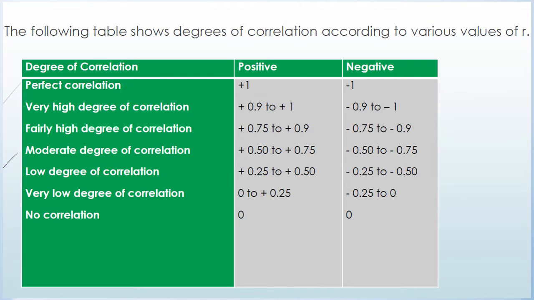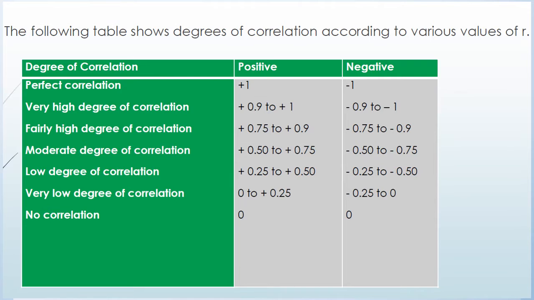The degree of correlation: when r is plus 1, that means the answer is only 1, that time we say positive perfect correlation. When the value is negative 1, that time we say negative perfect correlation.